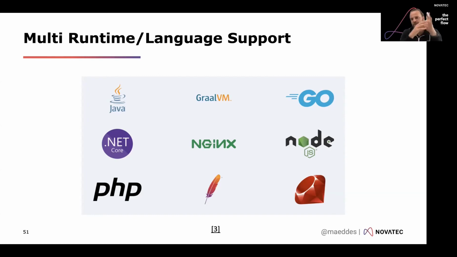Now, if you imagine you have a polyglot environment of microservices, say some Ruby, some Go, some Java, some PHP, and now there's a situation where a vulnerability like Heartbleed or Shellshock becomes popular, and some of your systems might be affected.